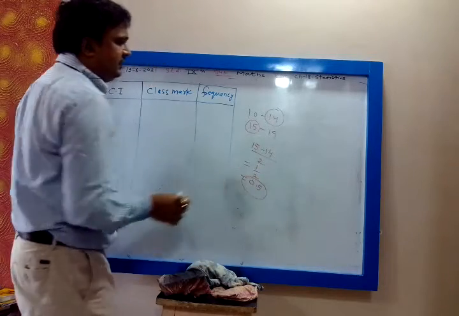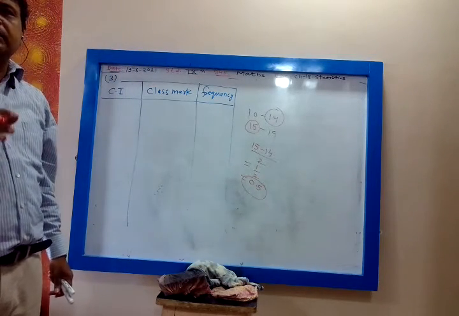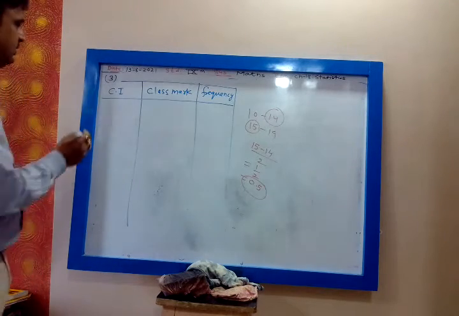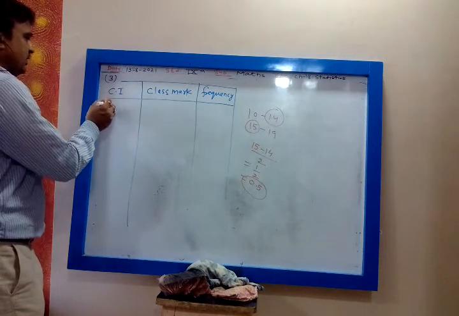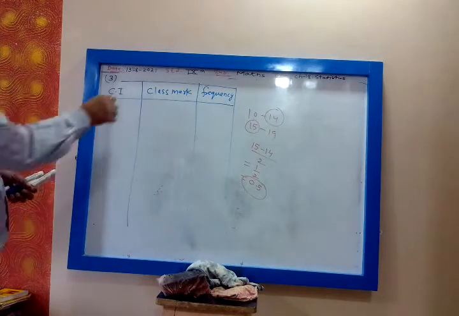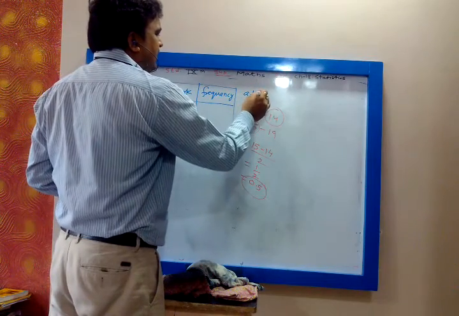So my adjustment factor is 0.5. That adjustment factor we subtract from the lower limit and add to the upper limit. So first it is 10 to 14. Write down this adjustment factor somewhere.